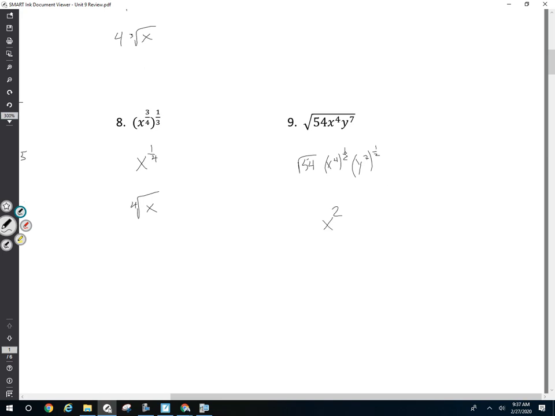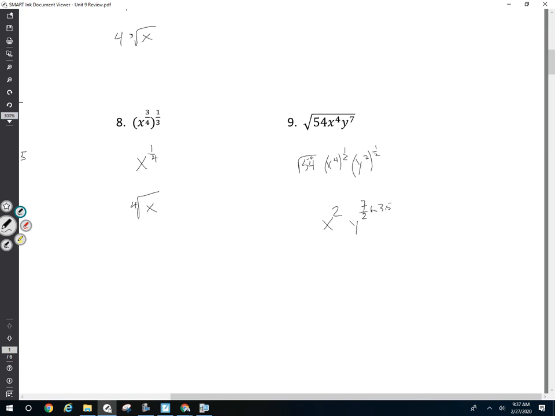So 4 times 1/2, I got 2. 7 times 1/2, I end up with 7/2, or 3.5. We'll talk about that in a second, what we can write. Probably actually for my students, I would accept it like this, but I'd expect you to do one extra step to show me you know what's going on. And it's actually something that you'll have to do maybe on an SAT. So we'll talk about that.